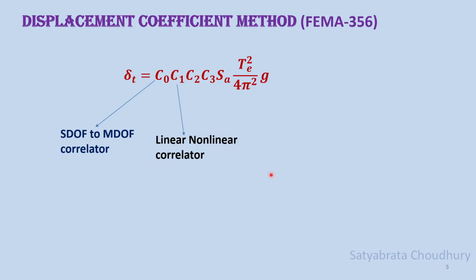C1 is a correlation between the linear displacement and non-linear displacement. Linear displacement you can find easily, and for non-linear displacement you have to carry out the non-linear analysis. So from the linear one, whether we can reach the non-linear, that can be taken care of by the coefficient C1.